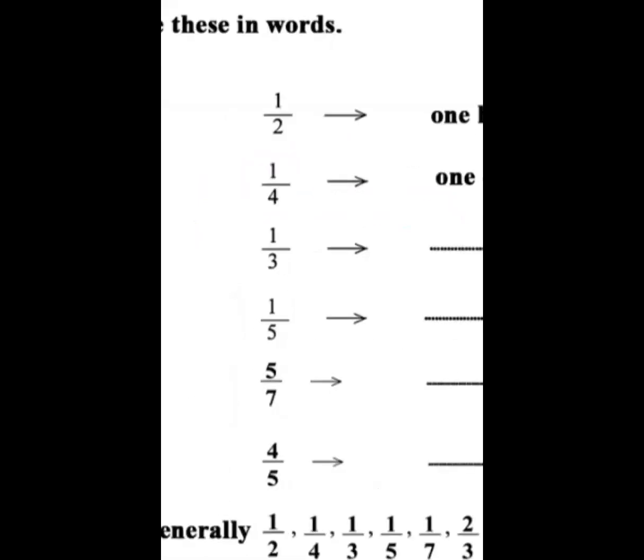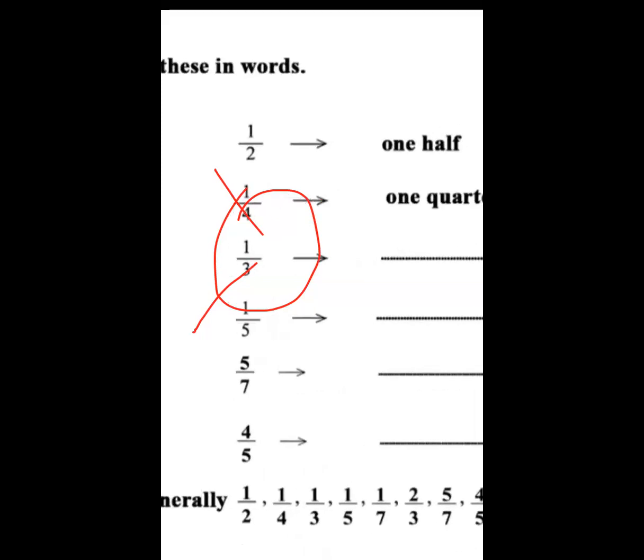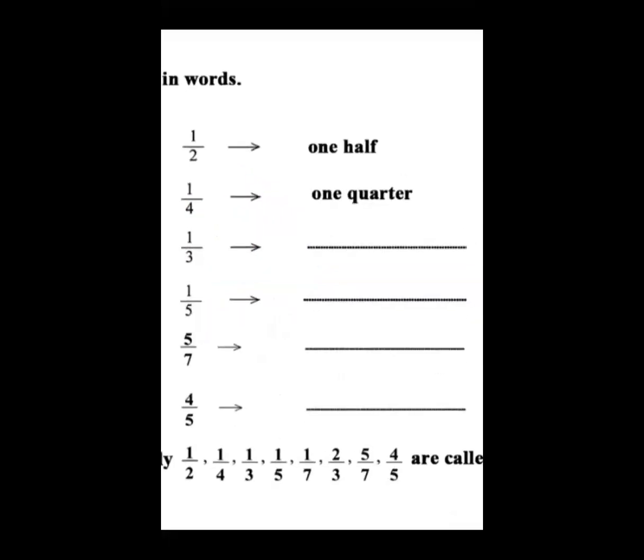When we have 1/3, where 1 is the upper one and 3 is the down one, how can we read this? We write 1, then after that we write the down part.